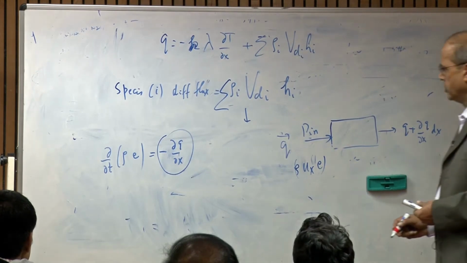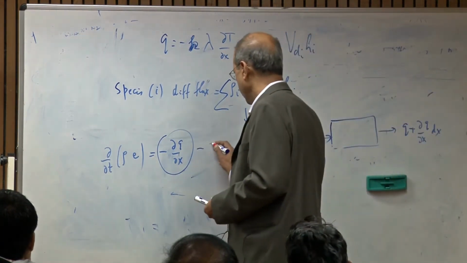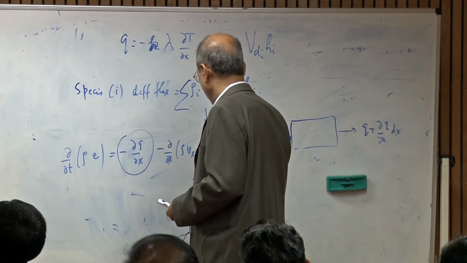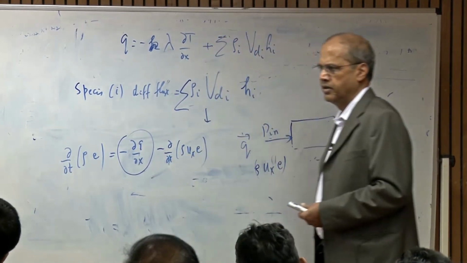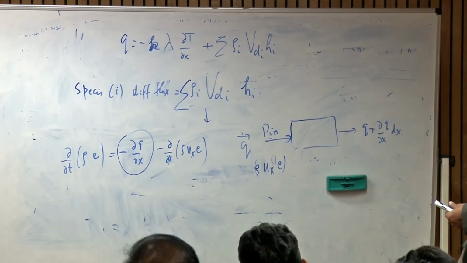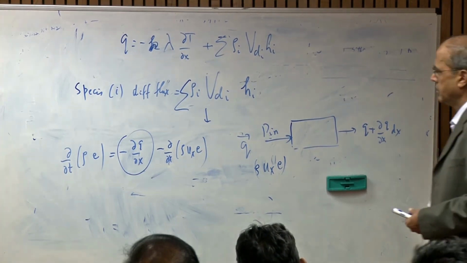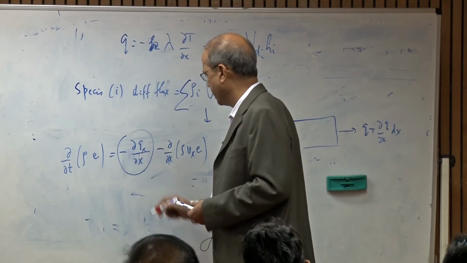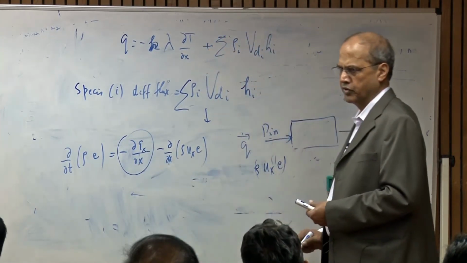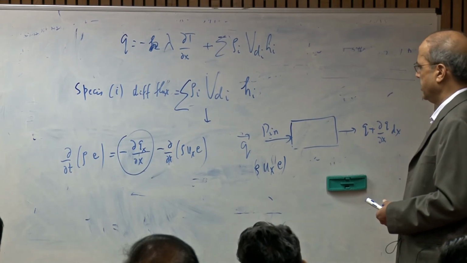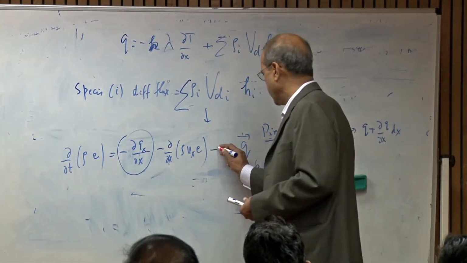So you can add this here as minus d/dx of rho u_x E. And here I should make a distinction: this is just the x component of q, dq_x/dx. And now we write the source term.